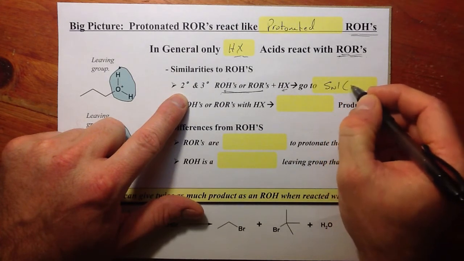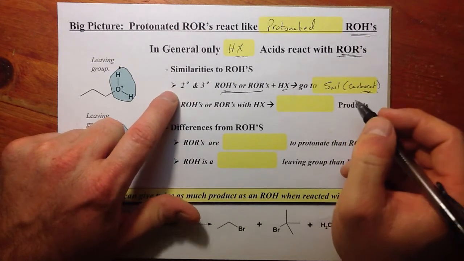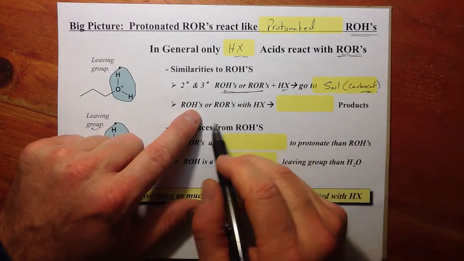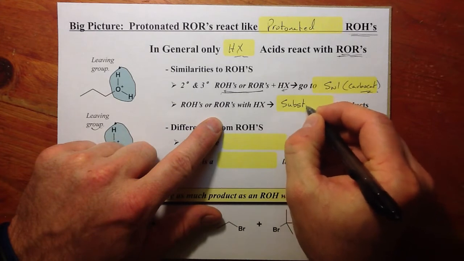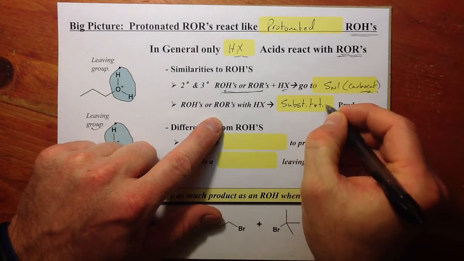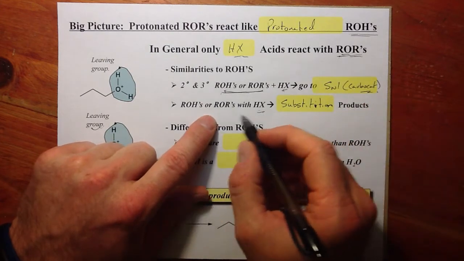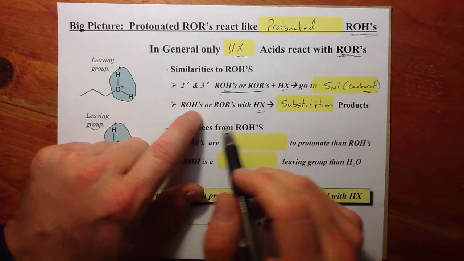SN1, go to carbocation. Make sure you draw the carbocation. ROHs or RORs with HX typically give, in general, substitution products, whether it be SN1 or SN2. HX with ROHs we know gave substitution products, so do RORs, ethers.